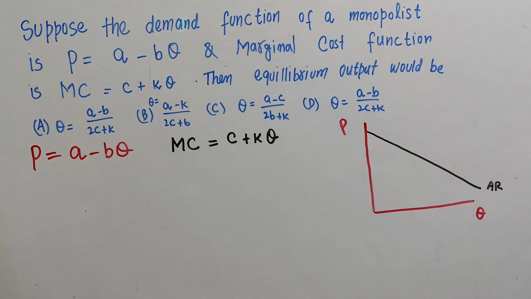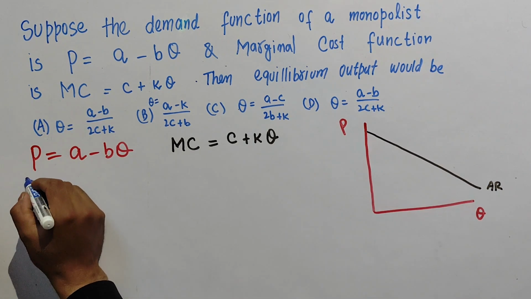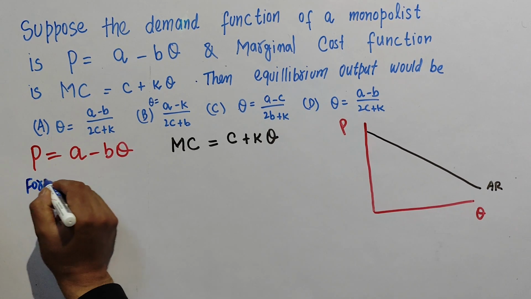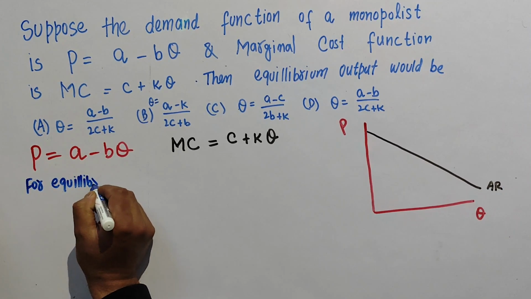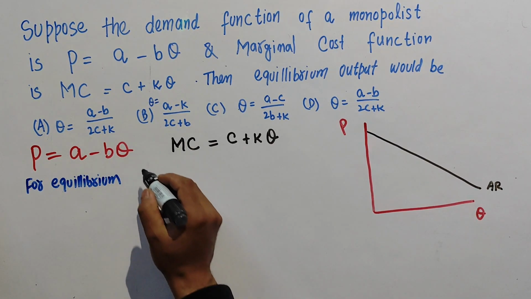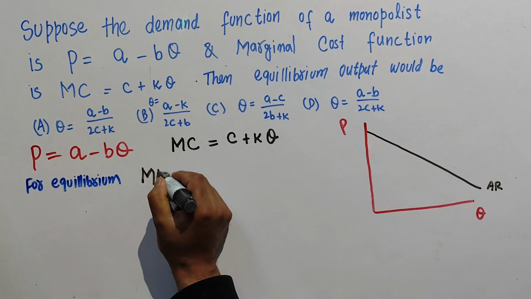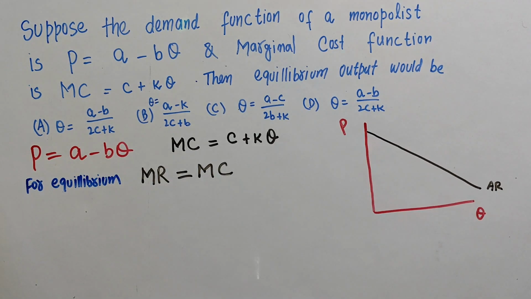Now, equilibrium for the monopolist requires... in case of monopoly, we simply equate the marginal revenue function of the monopolist with the marginal cost function.